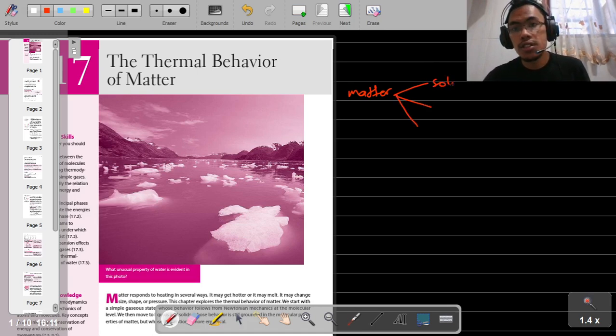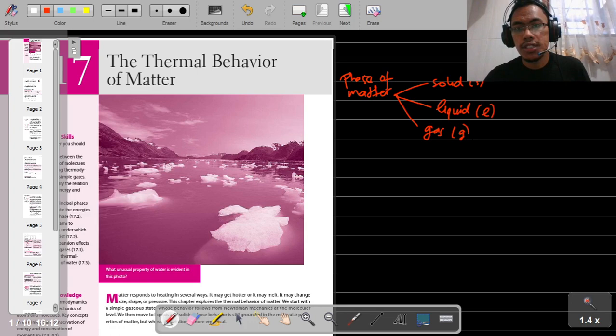The first one is solid, S, and then liquid, L, and the last one is gas, or G. Actually there are four types of phase of matter. The fourth is called plasma.